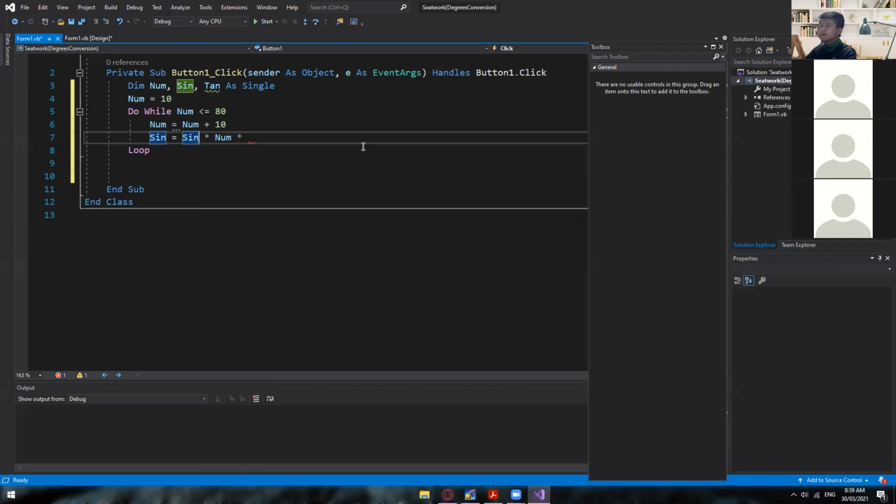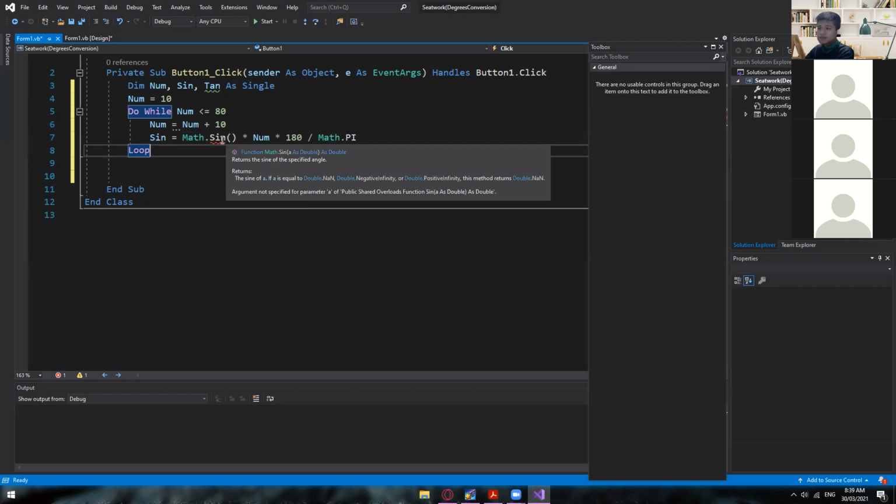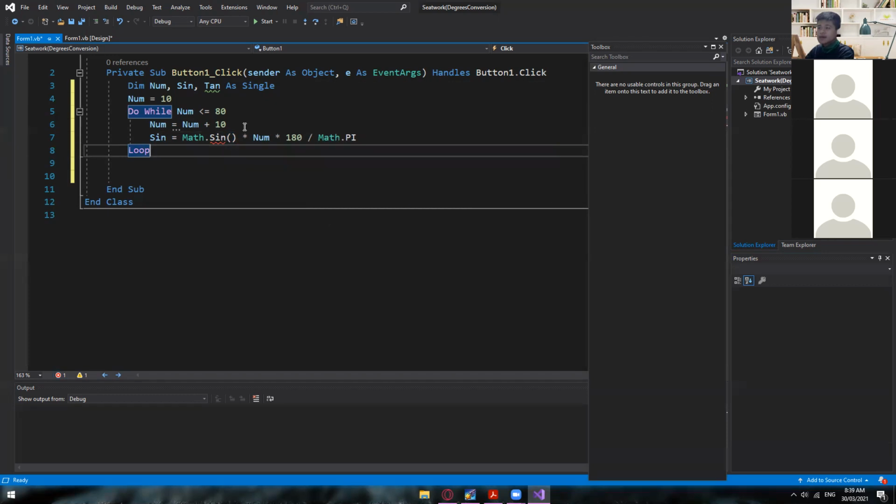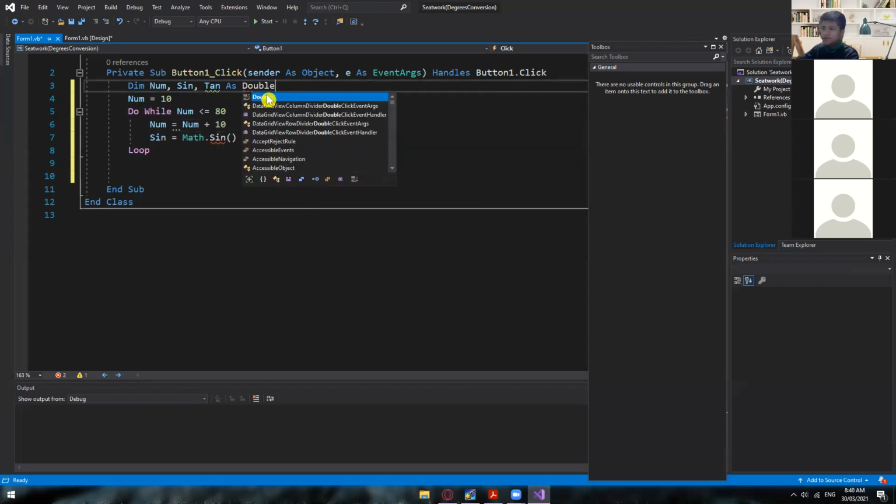Sine, Math.Sin. I remember. So Math.Sin, that's why we're lacking something, times the number that we have. And then we have to multiply this one by 180 since they are in radian, divided by Math.PI. So in that case, we now have a degree. I think we have a closing parenthesis right here. Is it sine as double? I see. So we have to declare this one as double since single is not sufficient.